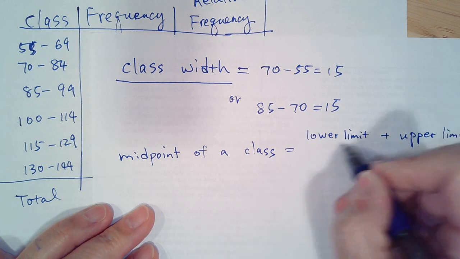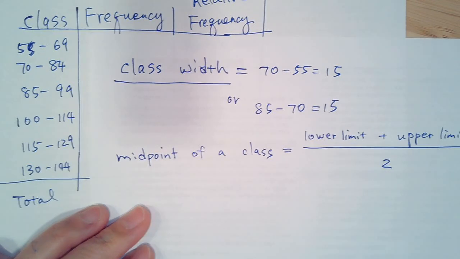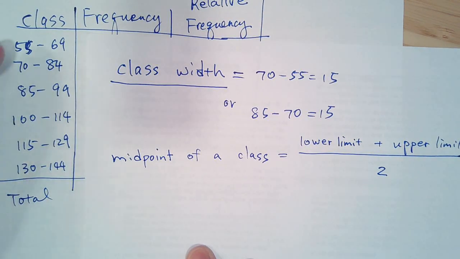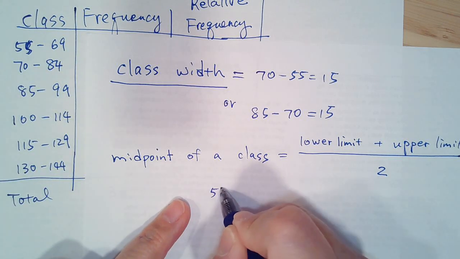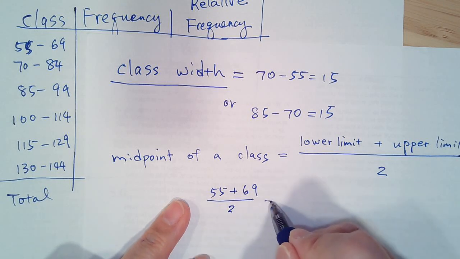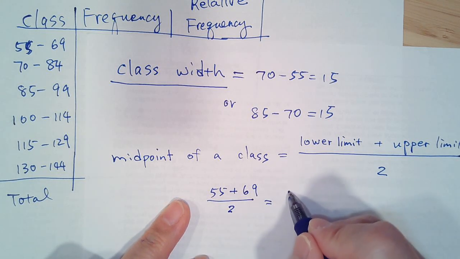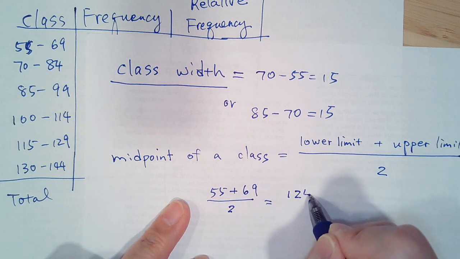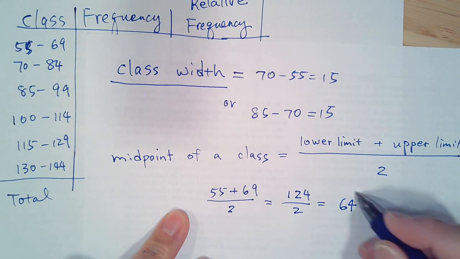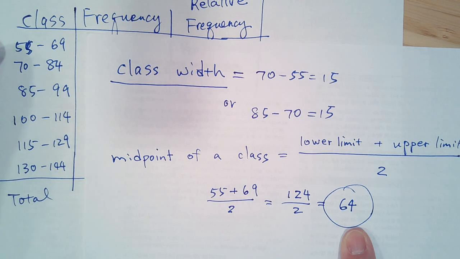Now for example, the midpoint of this class will be just 55 plus 69 divided by 2, and that is 124 over 2. The midpoint is 64. So 64 is the midpoint. Is that right? Sorry, 62. Okay, so 62 is the midpoint of this class.